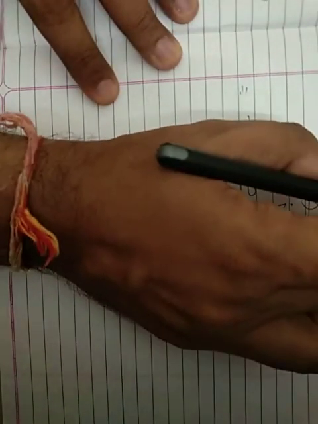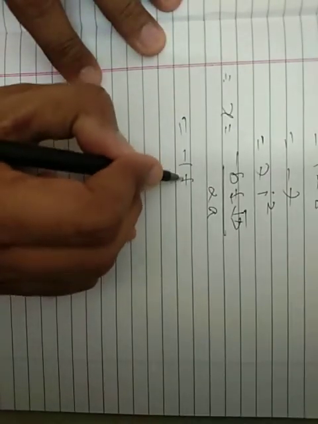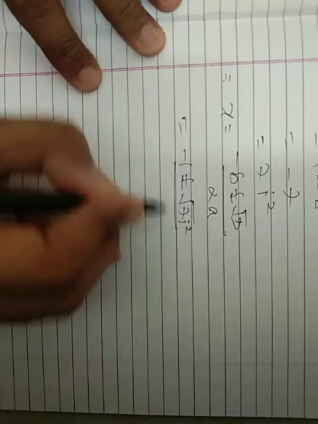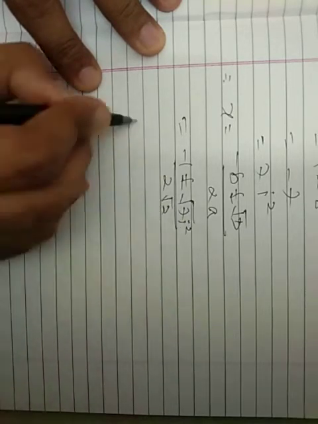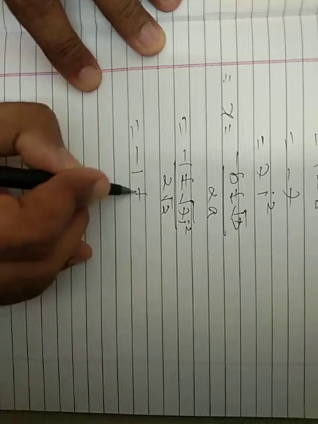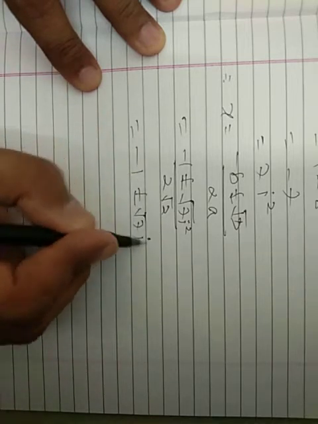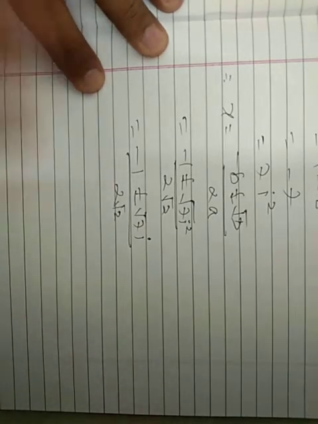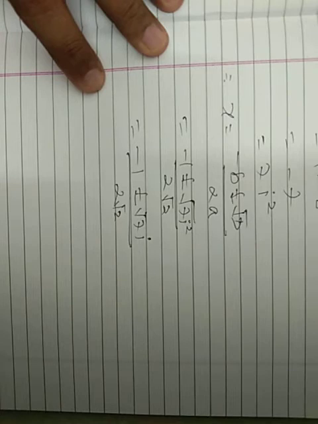Minus b, b is equal to 1. Therefore minus 1 plus or minus 7i square upon 2 into root 2. Minus 1 plus or minus root 7 i upon 2 root 2. Till this step the example is so simple, and now it is also simple.